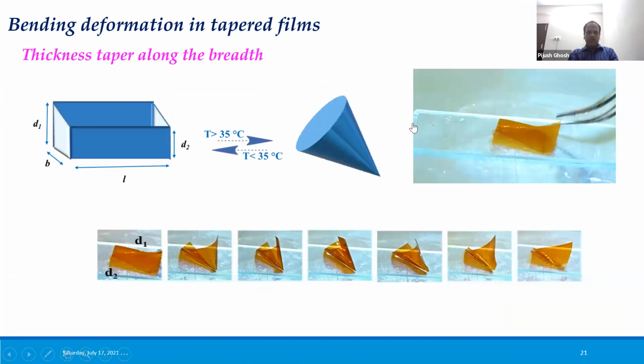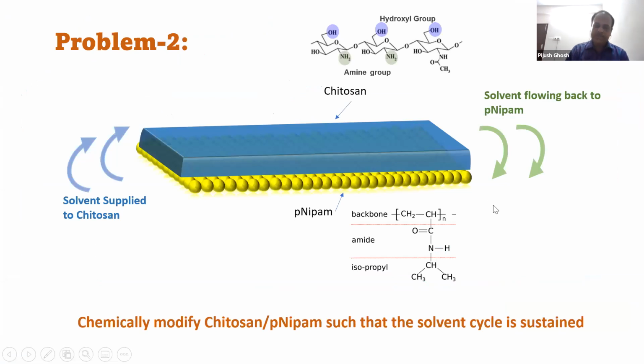All right, so I will come to the problem now. This is fine, we're happy that our concept or hypothesis is working nicely. But the problem is that if you want to use the same system multiple times, then the water that goes from this PNIPAM layer to the chitosan needs to come back to the PNIPAM, so that during the next cycle of application it can be used again.